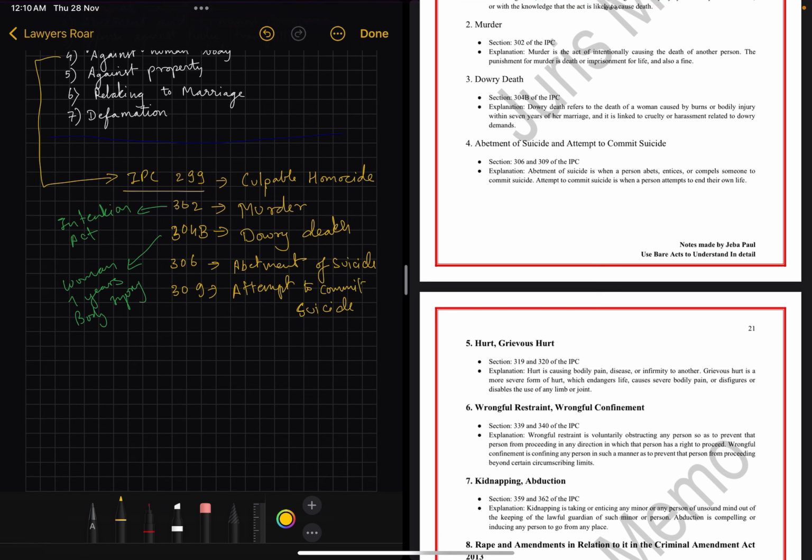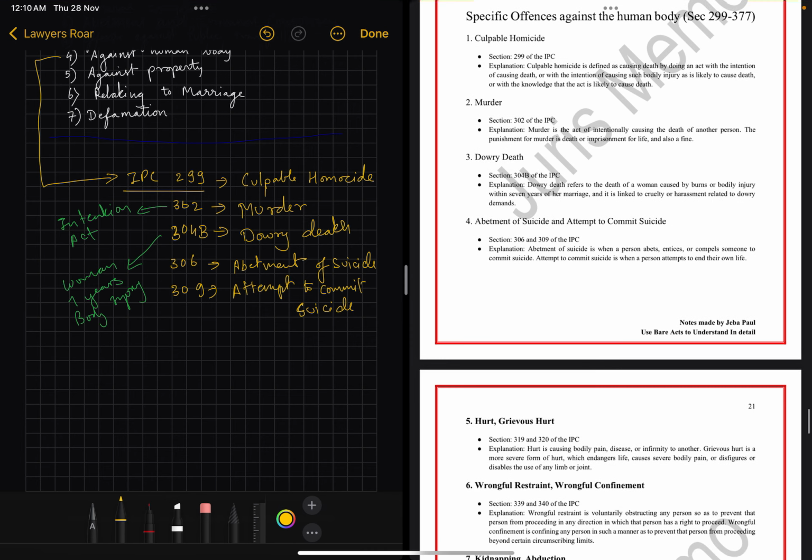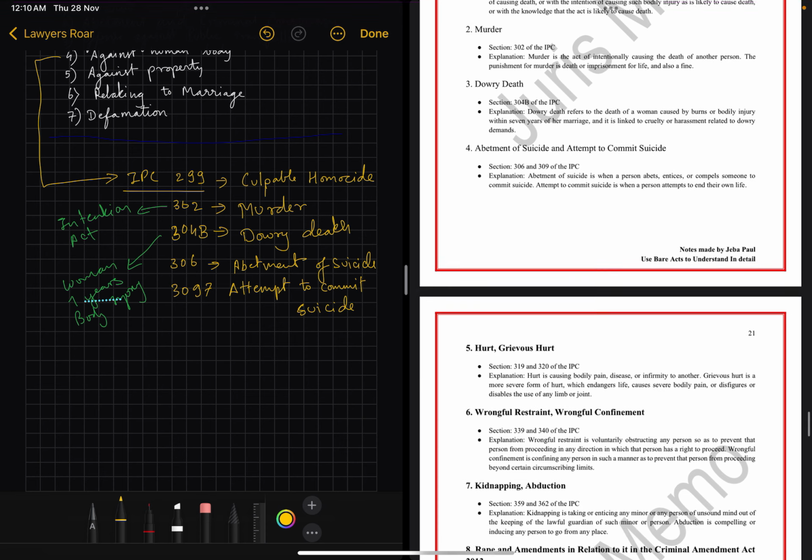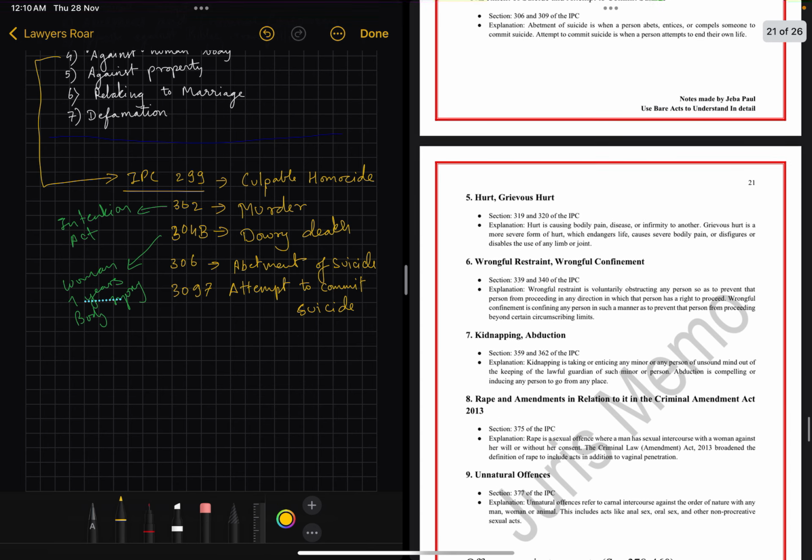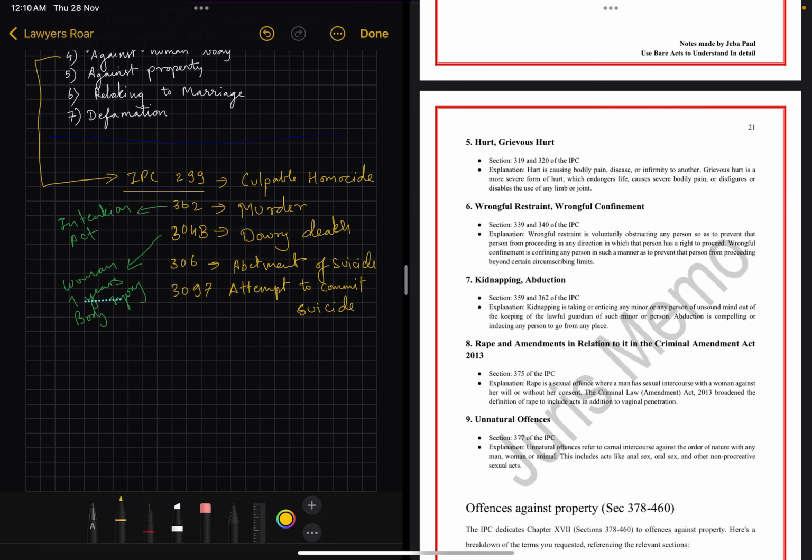So these offenses are done against the human body, so they come under serious crimes, not minor crimes. All right. Then comes hurt and grievous hurt. Hurt is causing bodily pain, disease, or infirmity to another. In section 319, hurt is explained.